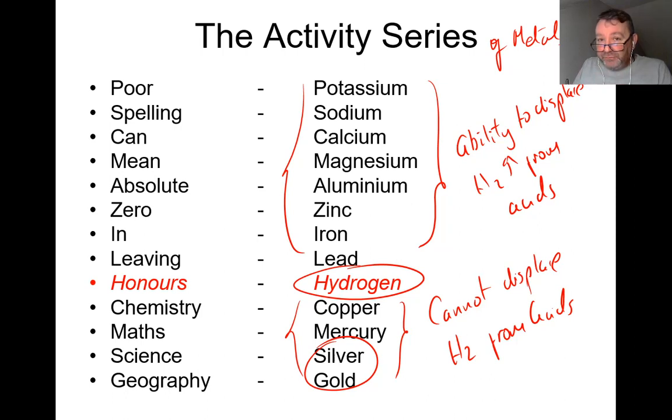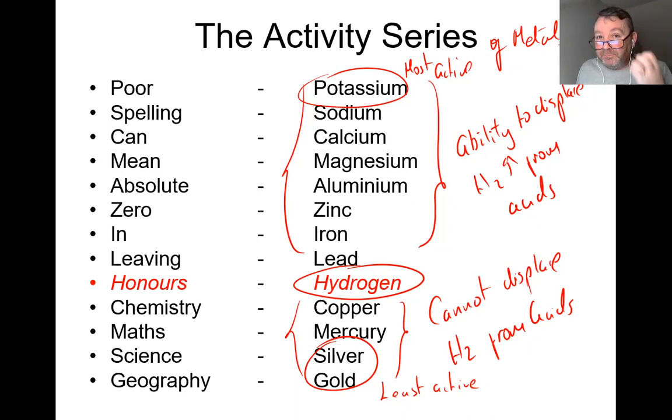It is a series of metals that are listed in order of decreasing activity. So that means potassium would be the most active, whereas gold would be the least active. Another way to say that: potassium would be the most reactive, gold would be the least reactive. You know what happens when we put potassium into water?